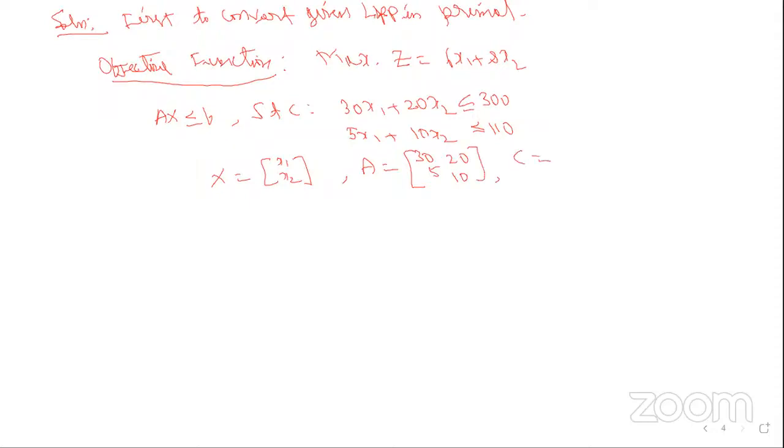C equal to 6, 8 because these are the coefficients of the objective function. Here, B equal to small b, which means 300, 110, the inequality right-hand sides. Right.